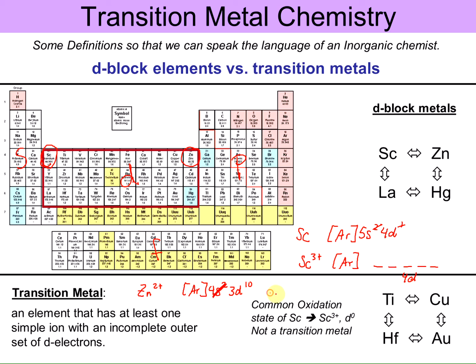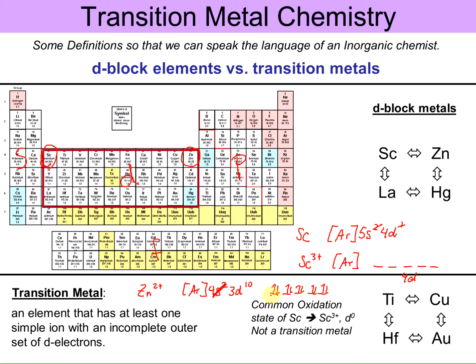So if I look at 1, 2, 3, 4, there are 5 d orbitals, and each one of those has 2 electrons. So 1, 2, 3, 4, 5. I'm following Hund's rule, giving each one an electron before I fill them up. So 6, 7, 8, 9, 10.